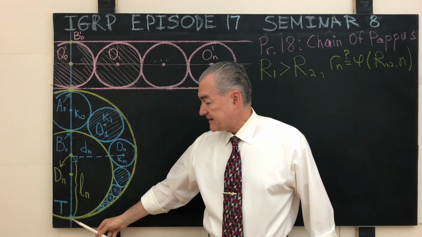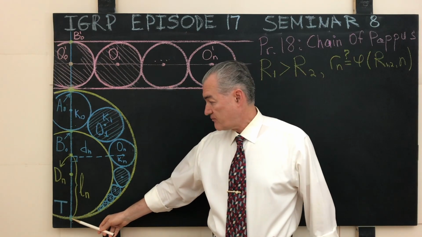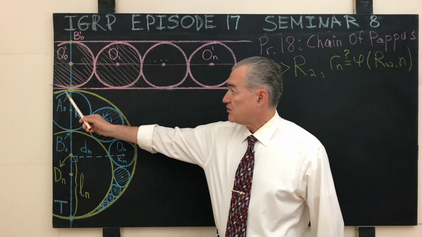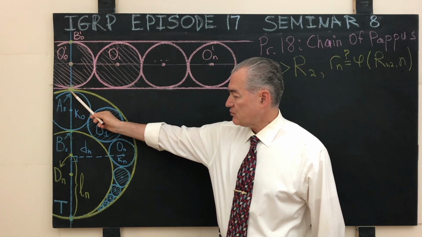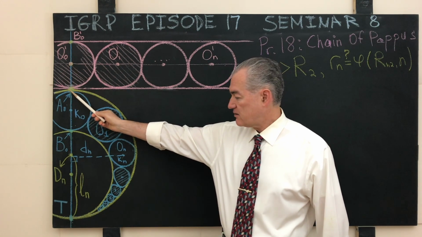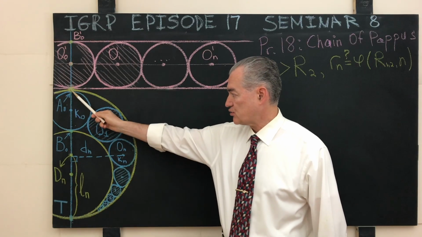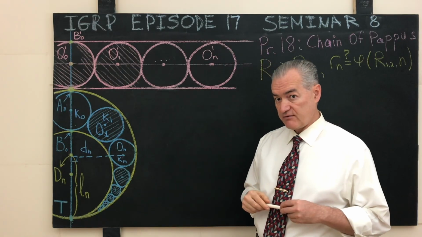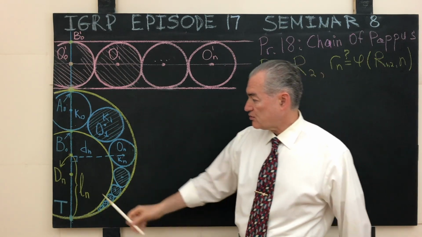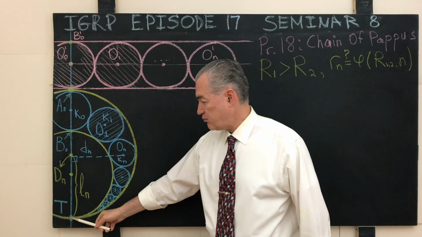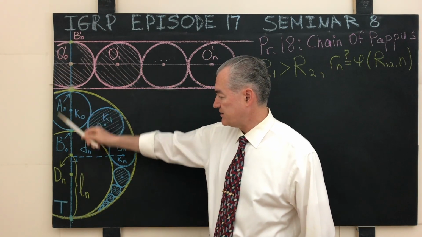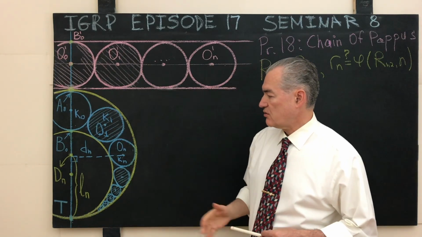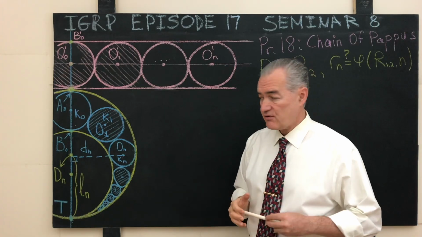We pick the point T to be the center of inversion, and we pick the distance from the point T to the point A0, or twice the radius of the outer generating circle, twice R1, as the radius of inversion. And consequently, the circle of inversion will be the circle that is centered at the point T and has the distance A0T as its radius. I do not show the circle of inversion. We do not really need it right now.